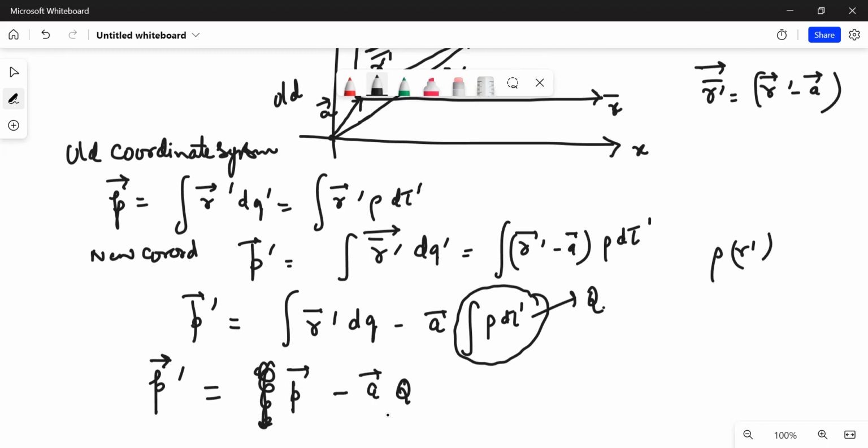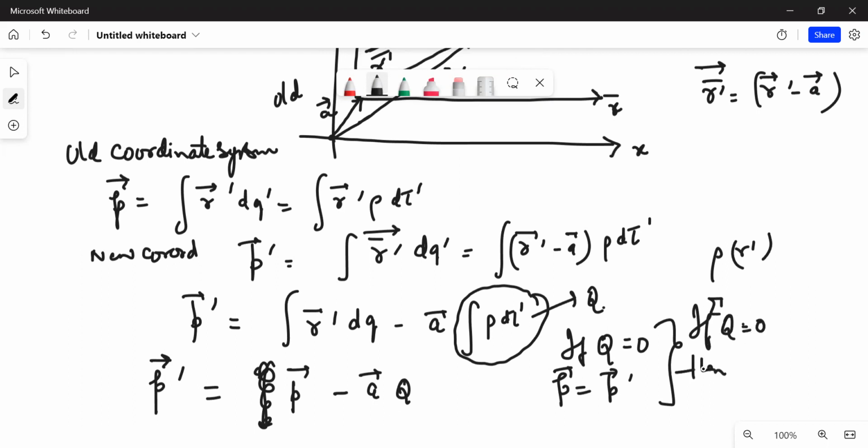Is that clear? So if your total charge q is 0, then p vector is equal to p vector dash. So I could say that if total charge q is 0, then the dipole moment is invariant under the change of origin. Is that clear or not clear?